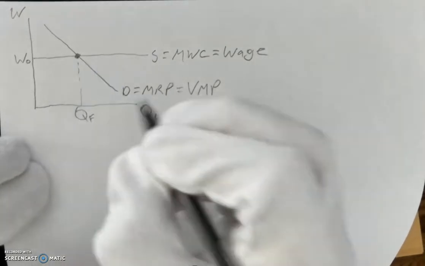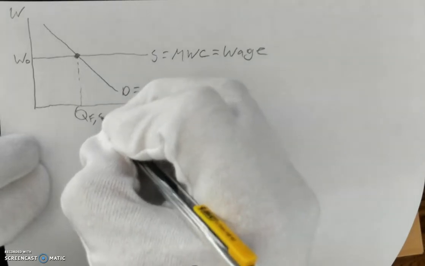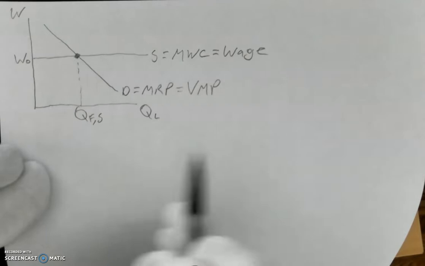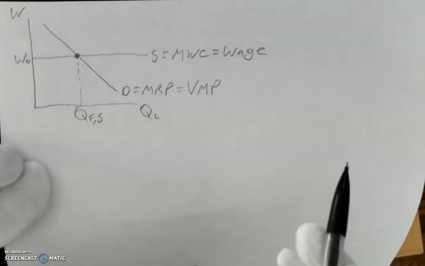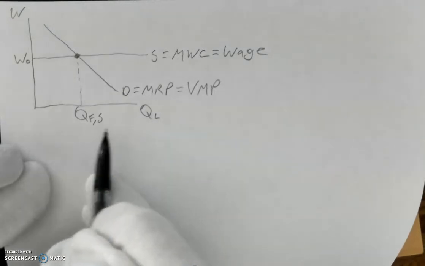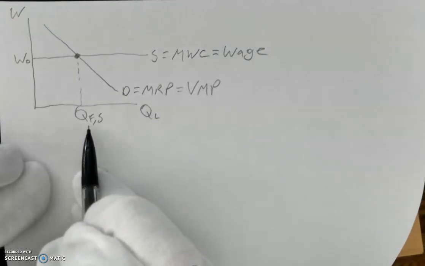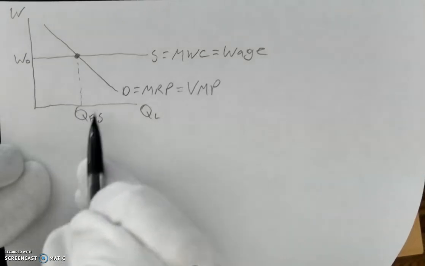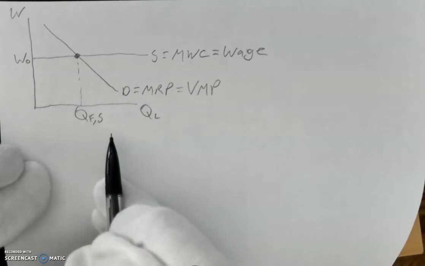Of course, it's the same here, so we can put society. This market that is perfectly competitive in both labor and product results in an employment decision that is not only profit maximizing for the firm, but efficiency maximizing for society.